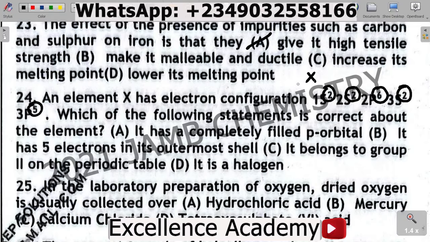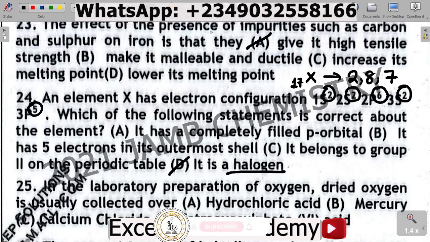In KLMN shell configuration, that becomes 2, 8, 7. So you observe that element X has 7 electrons in its outermost shell. That means it is a halogen. The correct answer is D. Halogens are elements that have 7 electrons in their outermost shell. So that's it.